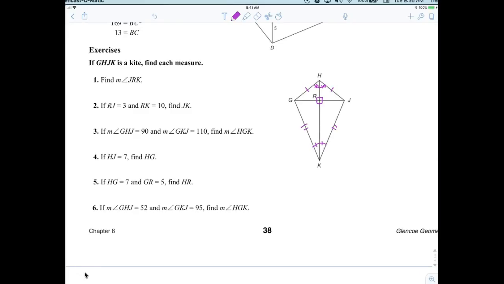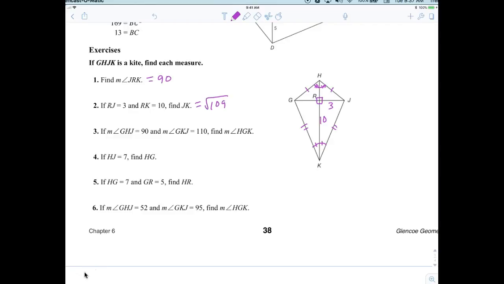That's obviously what? 90, good. If RJ is 3 and RK is 10, yes, so square root of 109. Perfect. That's what I want you to say. Square root of 109. Everybody see that as the hypotenuse, right?